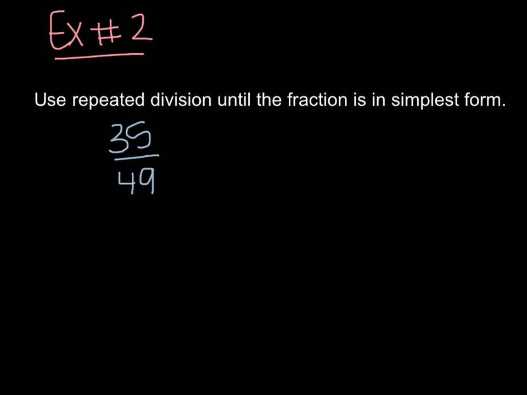Example number 2, they want us to use repeated division until the fraction is in simplest form. So we don't have to find the greatest common factor. We can just find something that 35 and 49 can both be divided by and divide them. So I know that 35 and 49 can both be divided by 7.